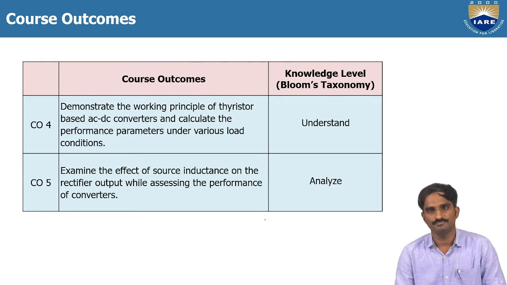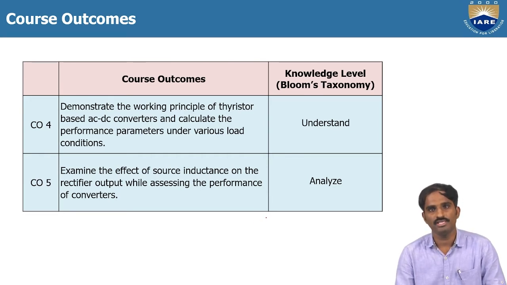Here we will discuss the different types of thyristor based AC to DC converters. After completion of this module 2, we will be able to demonstrate the working principle of thyristor based AC to DC converters, which are the single phase as well as the three phase, with different loads, which are R load and RL load.